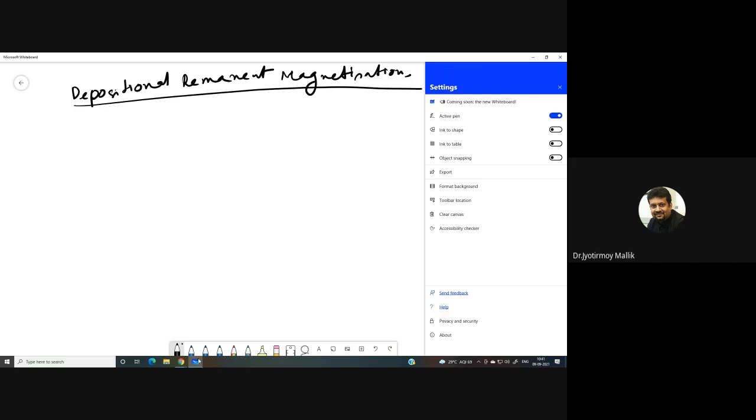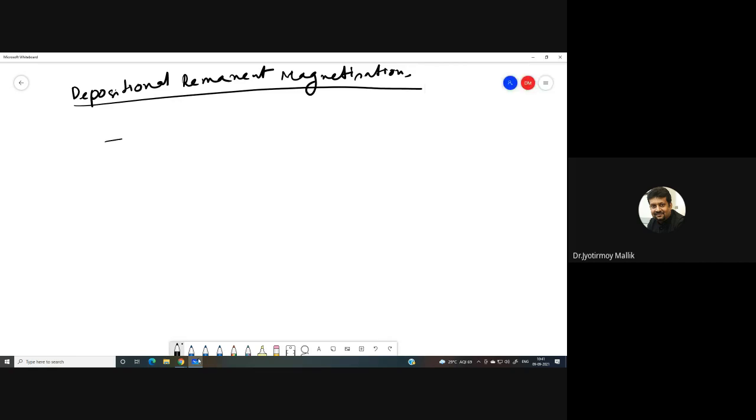magnetization. So what happens in depositional remnant magnetization is, suppose I have a very small ferromagnetic grain. Now this ferromagnetic grain is trying to settle down through an aqueous medium in the process of sedimentation.